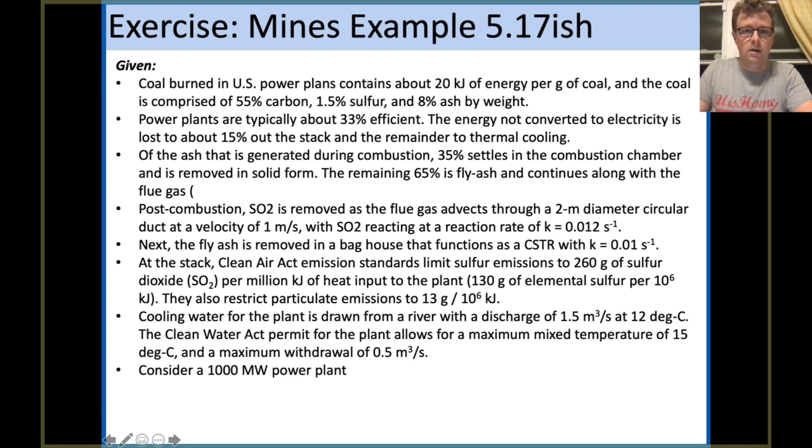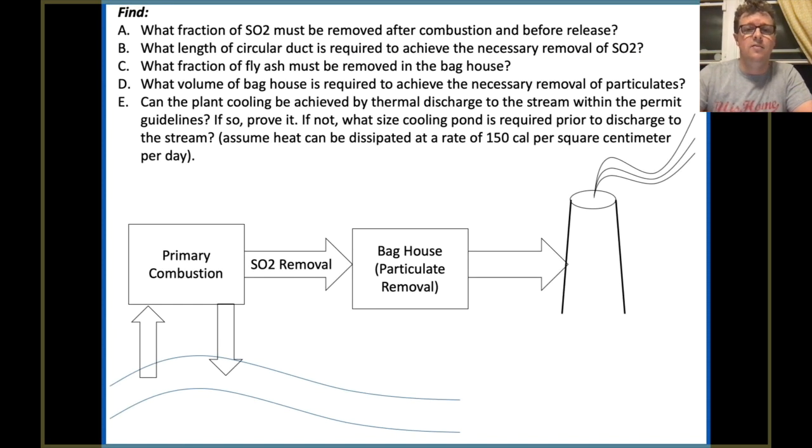Okay, so with that information, what are we after here? I've set this up as a 5-part problem, and you can see on this slide I've given you a bit of a schematic here. So we've got a river that has cooling water into and out of a coal-fired power plant.